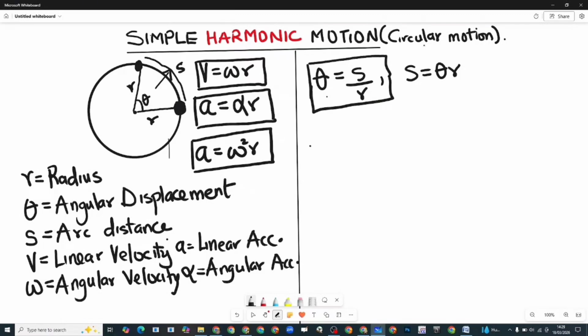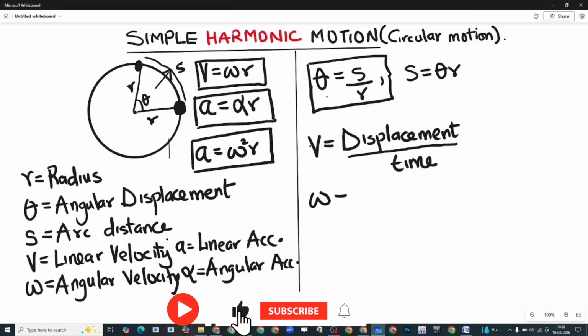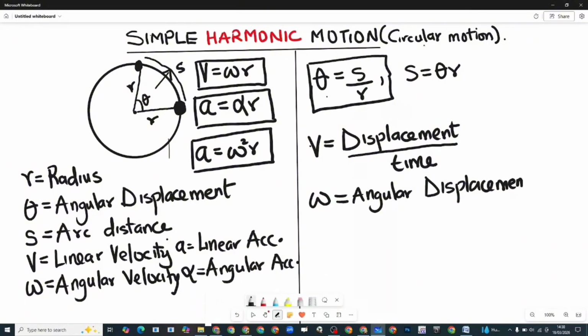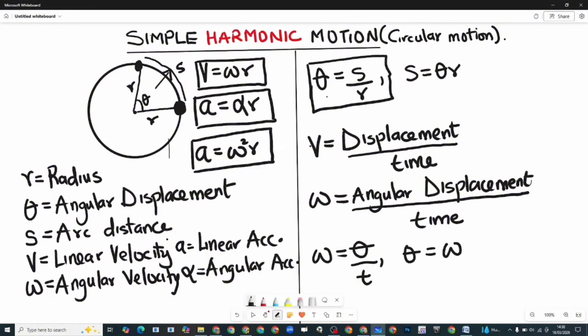Now, linear velocity is displacement over time, and we can also say angular velocity is the angular displacement theta over time. If I cross multiply, I have theta as omega t. Let's call this equation 2.